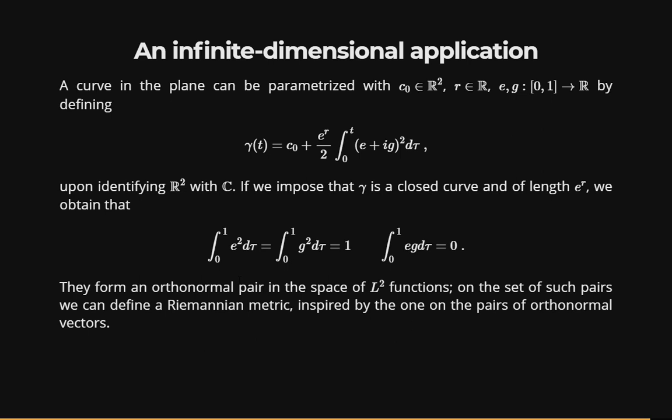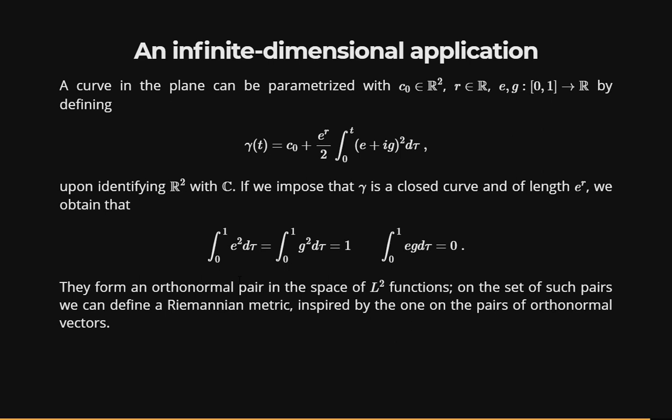Now, this is not surprising. You have at each point a behavior which is like an orthonormal pair in some R^n. You generalize it to infinite dimensions, and you get a Riemannian metric.